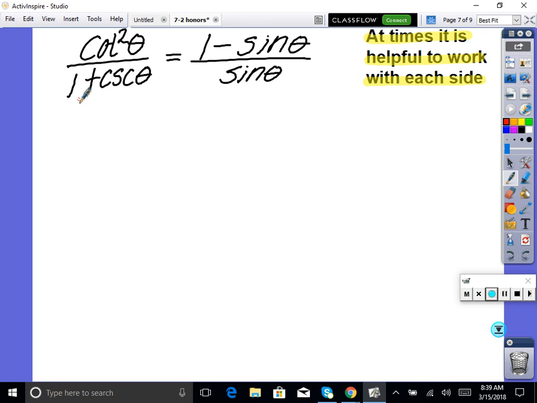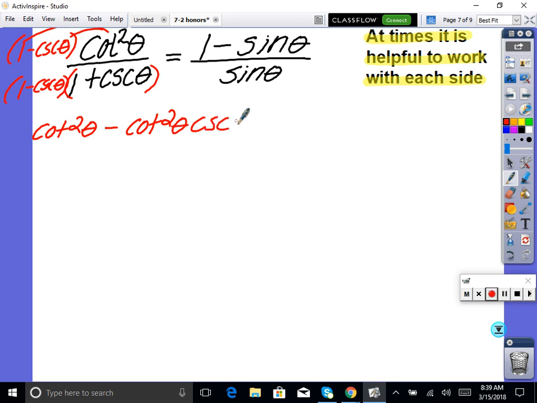So we'd want to multiply by the conjugate. So 1 minus cosecant theta, 1 minus cosecant theta. So now you can multiply that in. So then we'd have cotangent squared theta minus cotangent squared theta cosecant theta, and that's all over 1 minus cosecant squared theta.